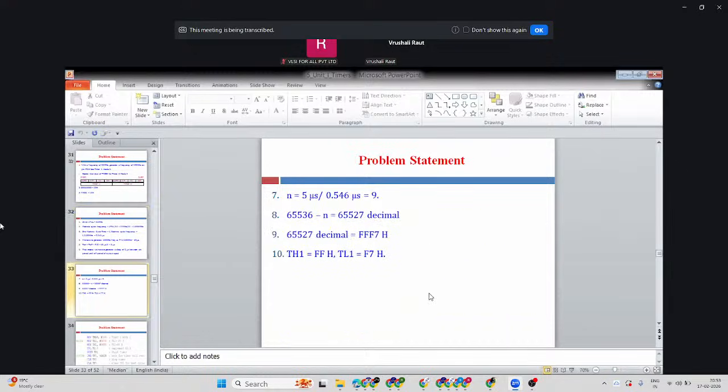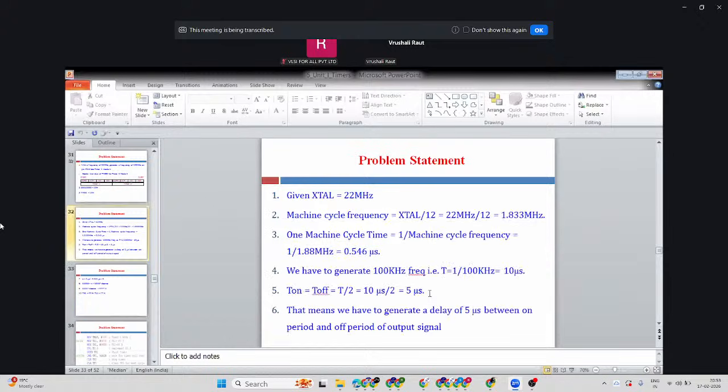This we have to do. For generating the delay of 5 microsecond, now look here, one machine cycle time is 0.546, and we have to generate 5 microsecond.